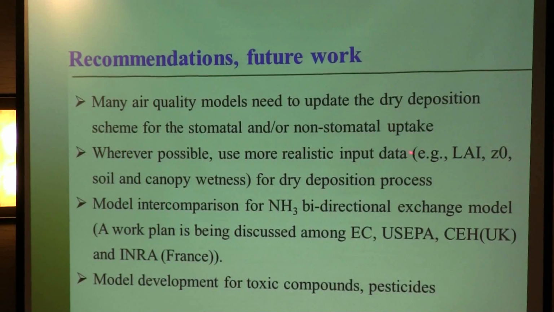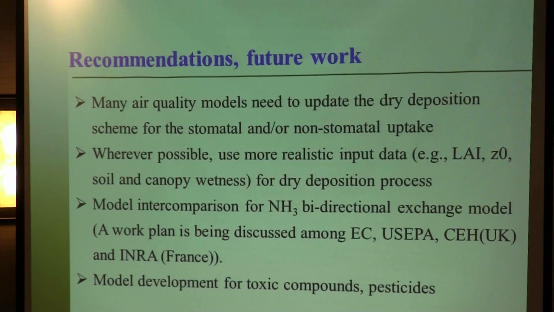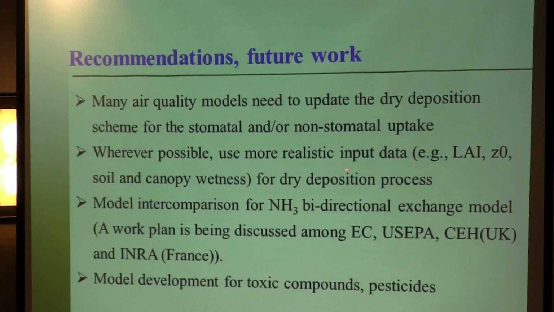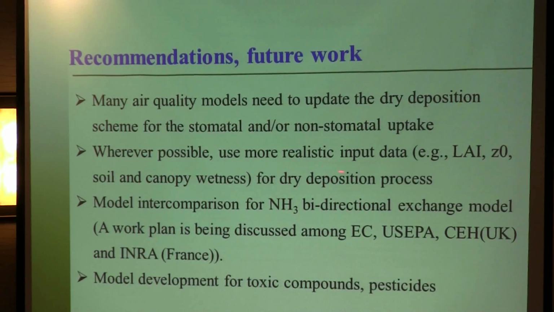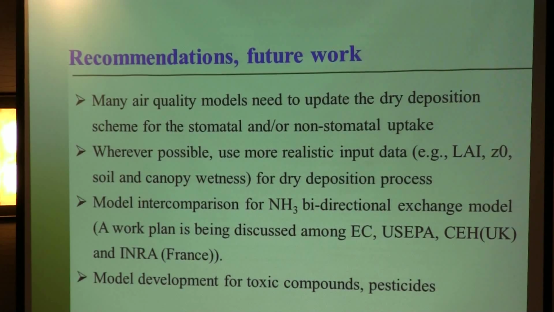The recommendation I can give on dry deposition is that many air quality models need some updates, because there are more and better improved deposition schemes available, but many models still use the very old version. Where possible, I suggest using more detailed input data such as leaf area index and roughness length, because these data are becoming available at a grid level, at a very high resolution such as 1 kilometer.